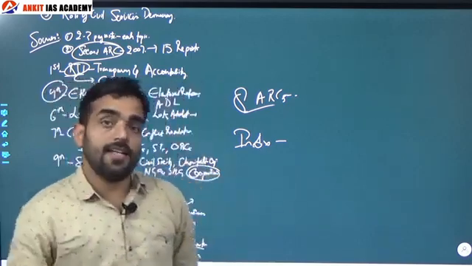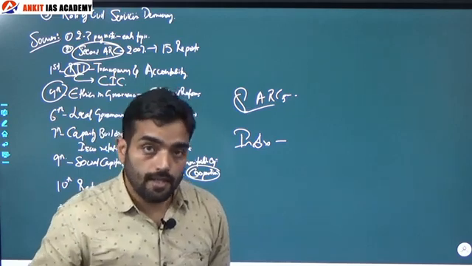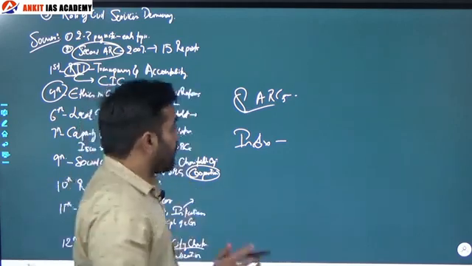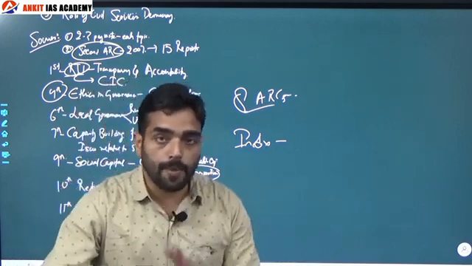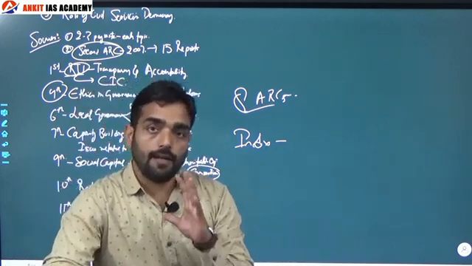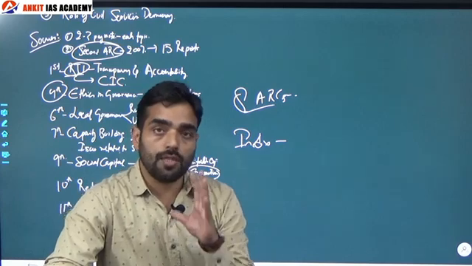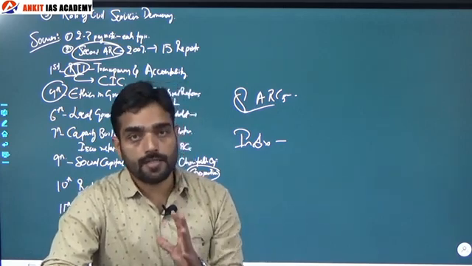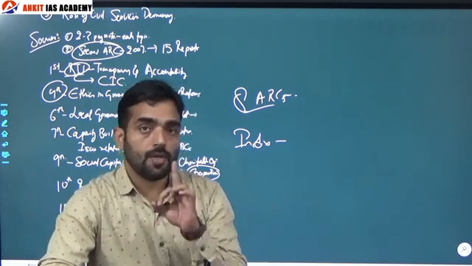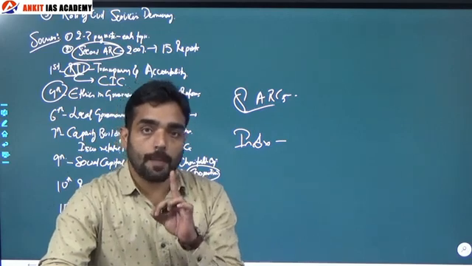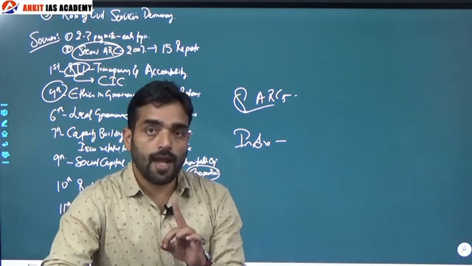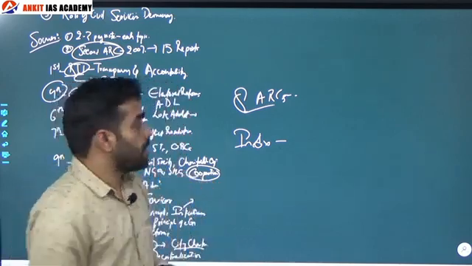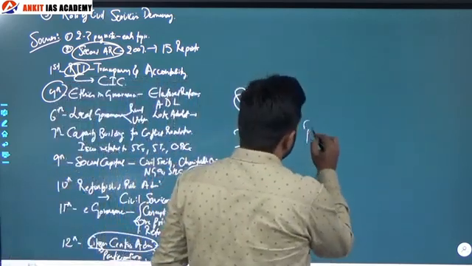Even then, if you find it difficult to read because they are lengthy indeed, what you have to do is, I'm assuming that you have already prepared a 2-3 pages notes on each topic of social justice and governance. Fine. Then go to those specific chapters in ARCs which are important for your syllabus and make a 1-page synopsis of recommendations.